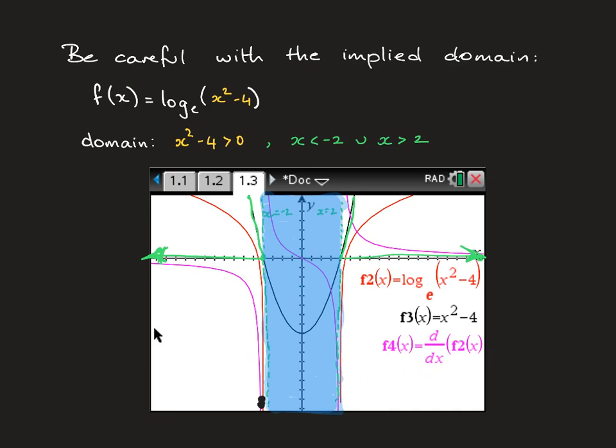So what in fact is the CAS calculator doing? Well, what the CAS calculator is in fact doing is graphing the actual derivative for this formula up here at the top. So f dashed of x is the derivative of that inner function, which is 2x, over the actual function itself, x squared minus 4.